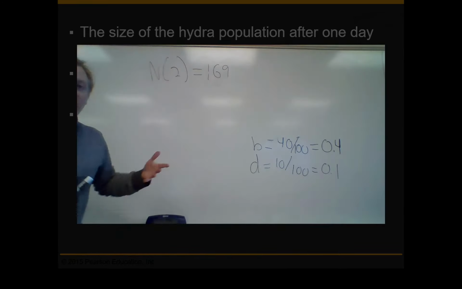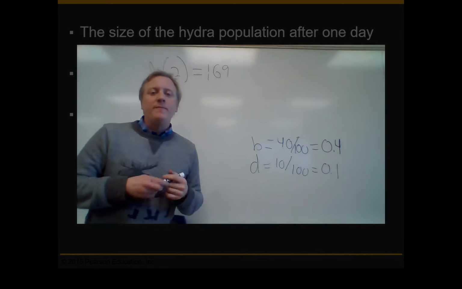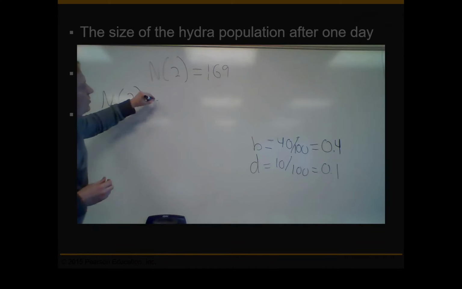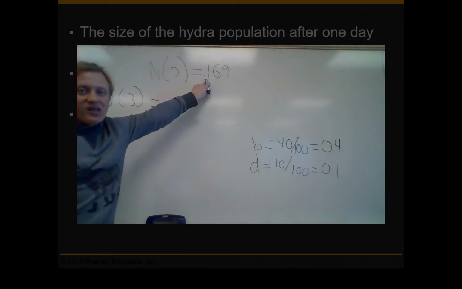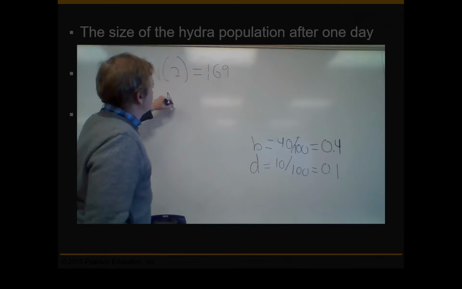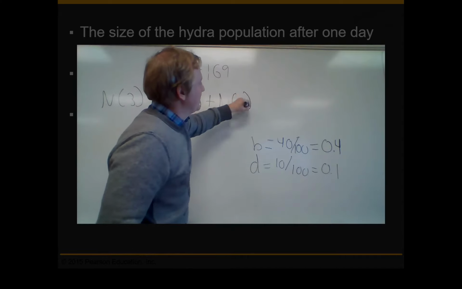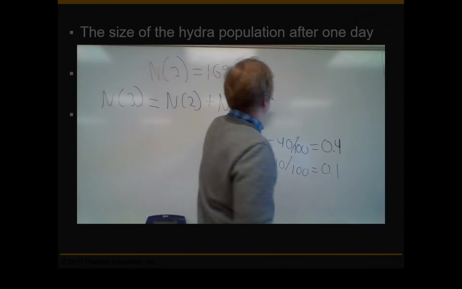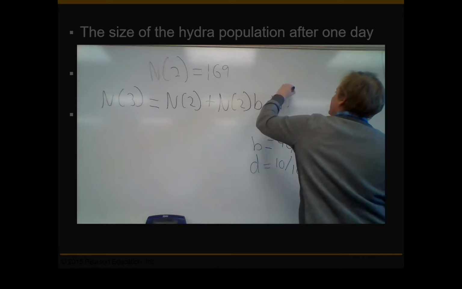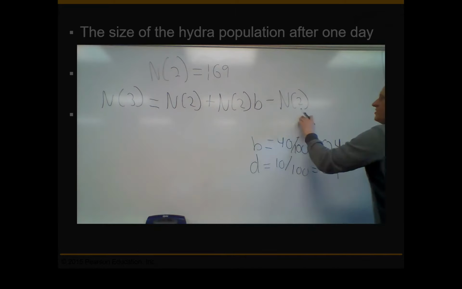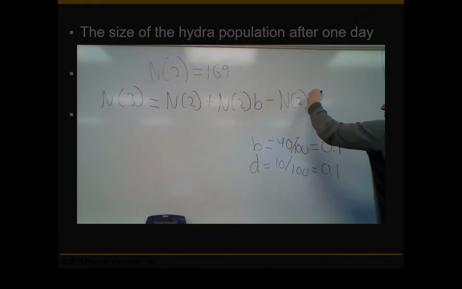So then how do we go about calculating the number at day 3? Well, the number at day 3 is equal to the number we had the day before plus the number we had the day before times our birth rate, minus the number we had the day before times our death rate.